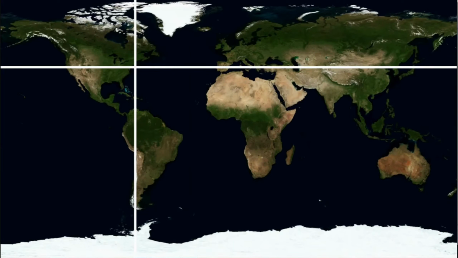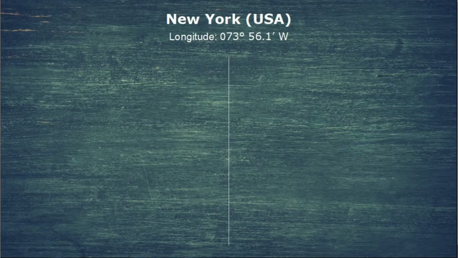This is what I mean by finding the true time difference. Things are going to happen later the further west you are. To find out exactly how much later, let's think of the world as a whole. It spins a full 360 degrees in 24 hours. And divide that down by 24 to find that the Earth spins 15 degrees every hour. For our particular true time difference, we want to work out how long it's taken the Earth to spin 73 degrees 56.1 minutes.